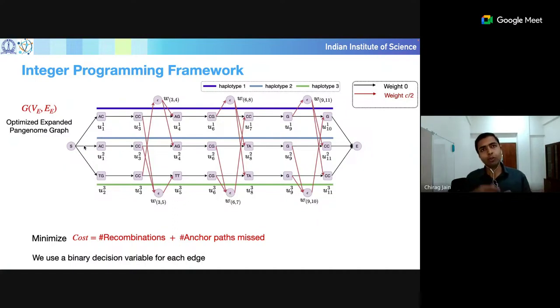The network flow analogy comes from the fact that we will try to seek a flow of 1 from the source to the sink vertex, and along the flow, because we have weighted edges, we will check whether the flow uses the black colored edges or the red colored edges, and that will determine the number of recombinations in the inferred path.